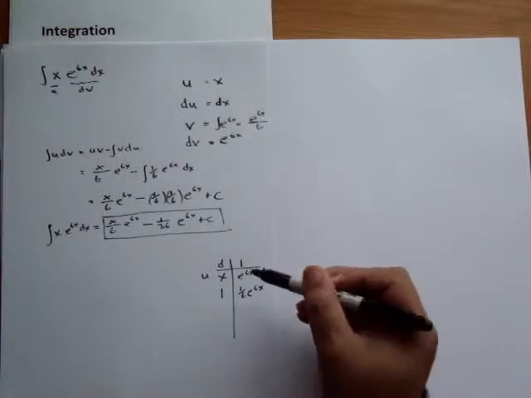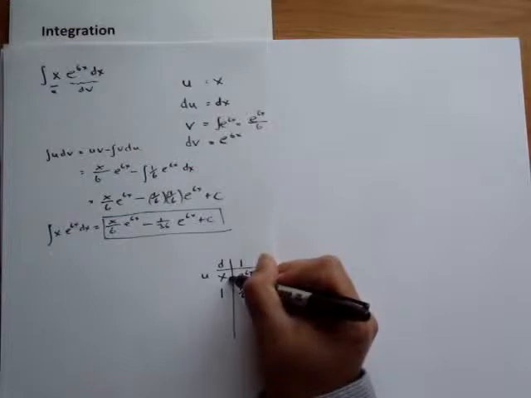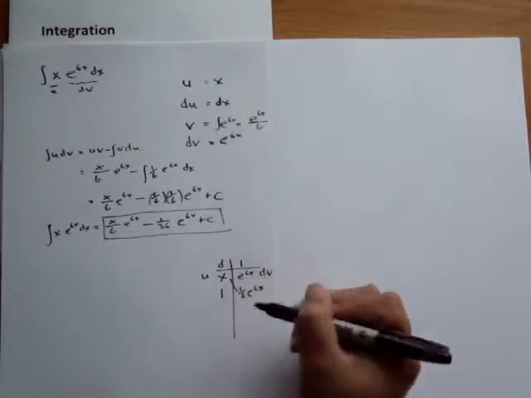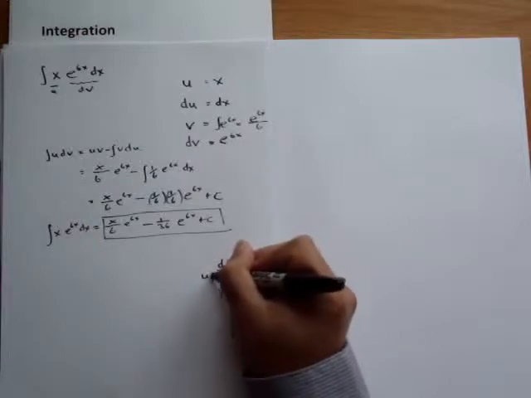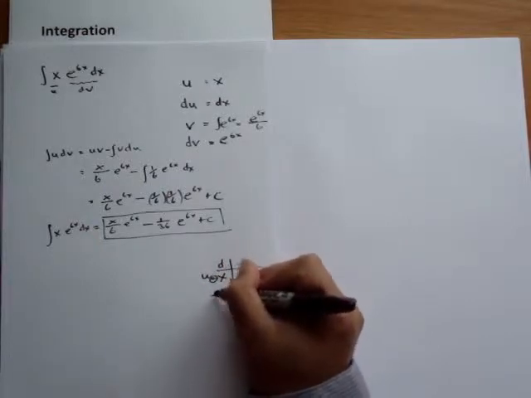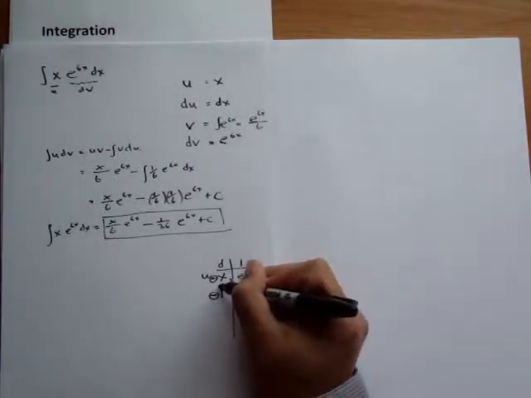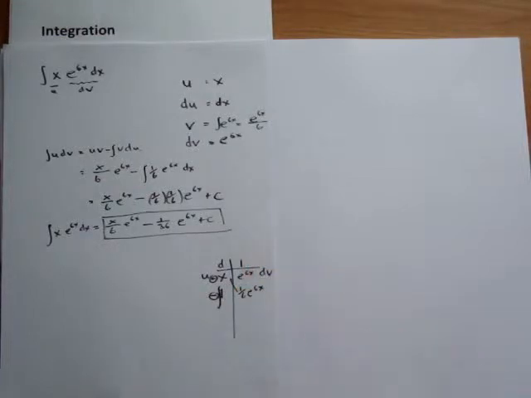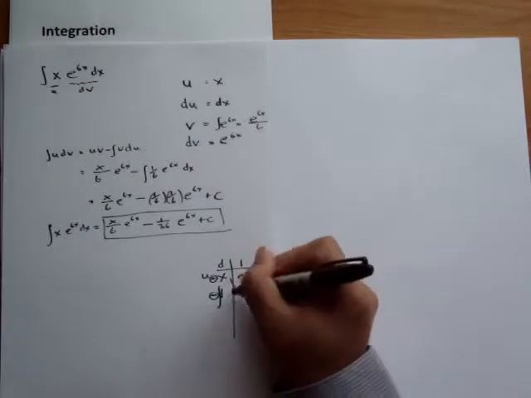Now we can stop here if we wish, and then we do a diagonal line across, and here we have a positive, and here we have a negative. Then we multiply across there, and we minus the integral of across here.